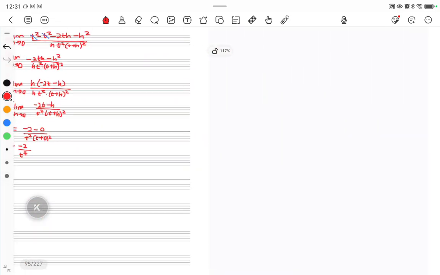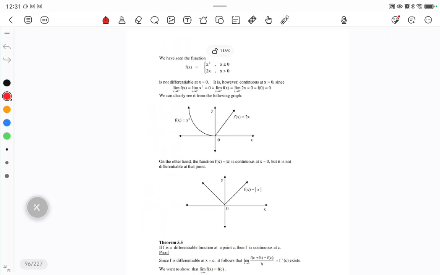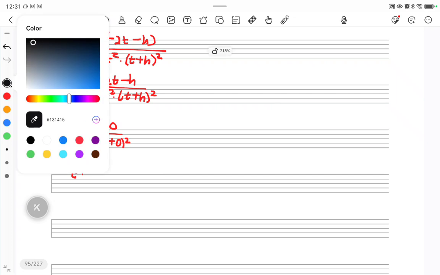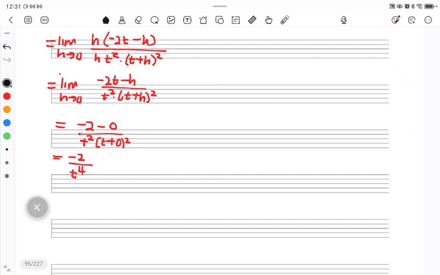R of k is equal to 1 over k plus 1, right?